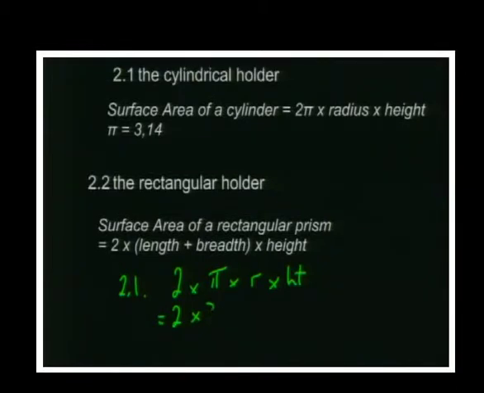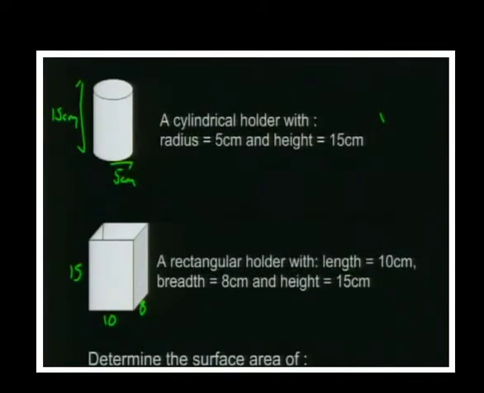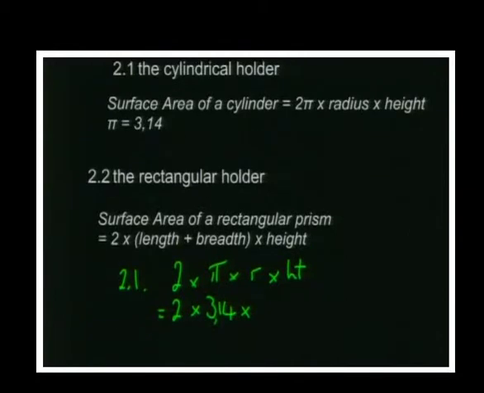So 2 times 3.14 times my radius. What was the radius? Let's remember, 5 centimeters. So times 5 centimeters times the height. How high was my container? It was 15 centimeters. So 15 centimeters.